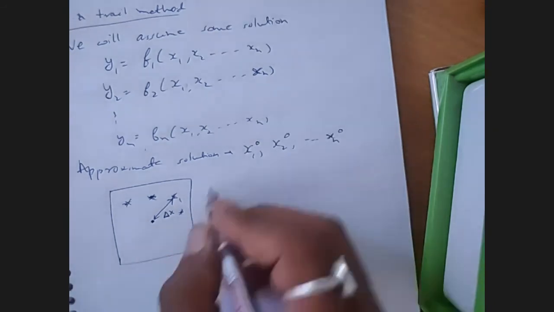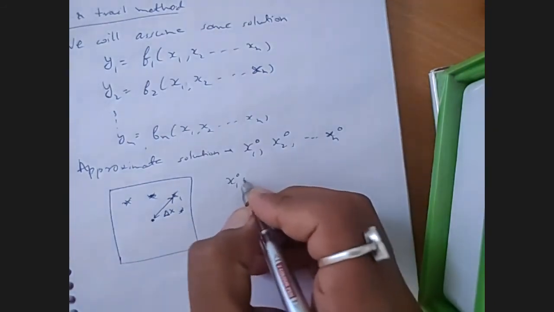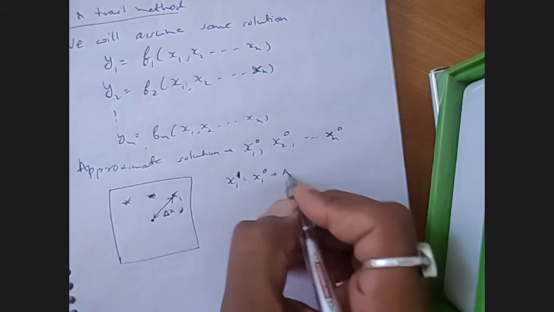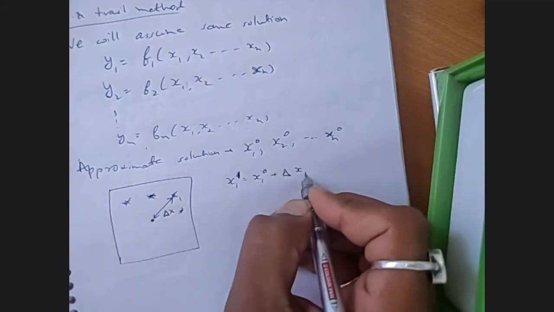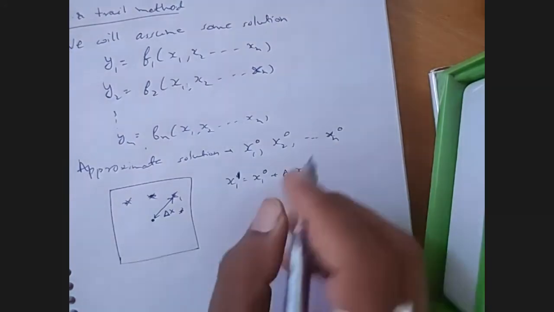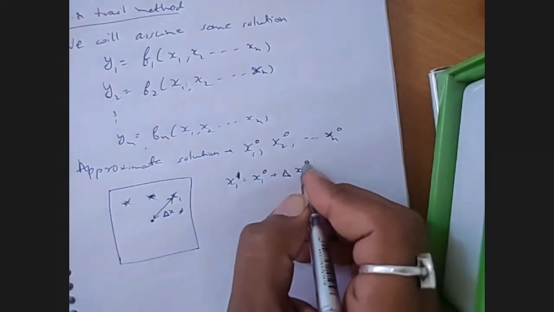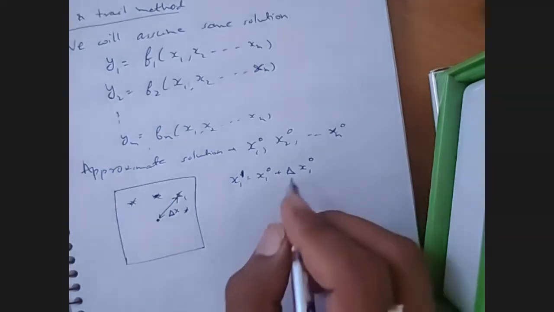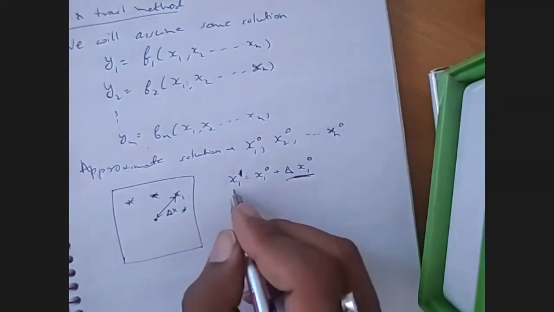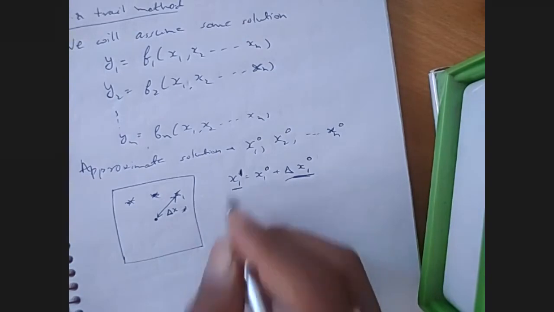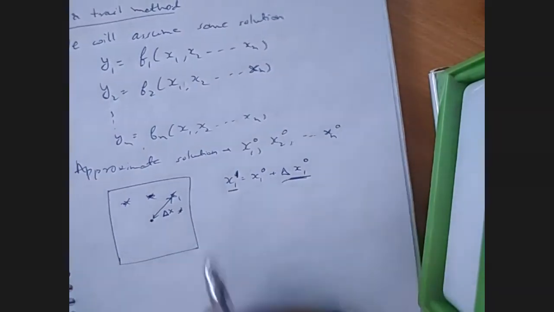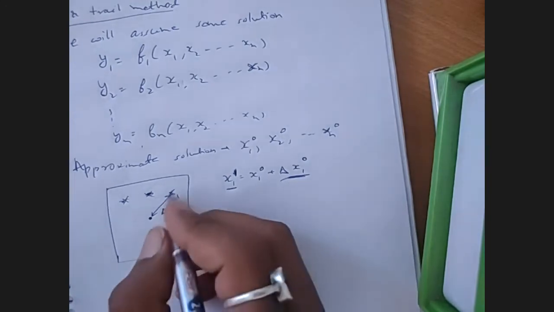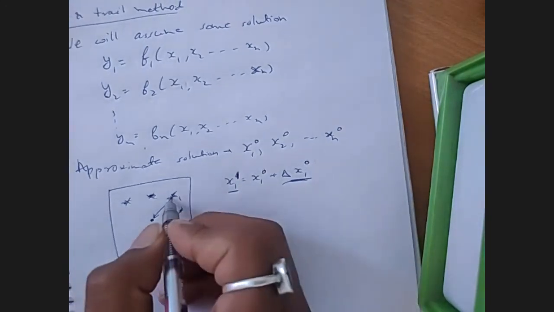So we will change x1 0 to x1 0 plus delta x1 0. So this is the change required. So we will get a new value x1 1, and similarly x1 2, x1 3 and x1 4. So we will change by some value.